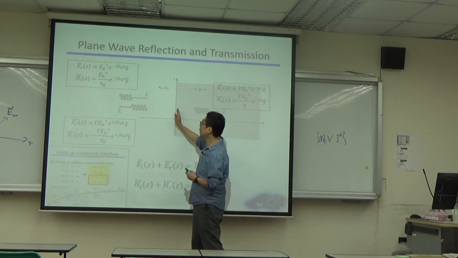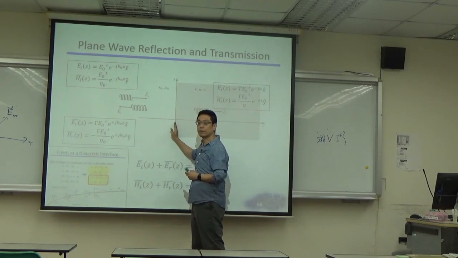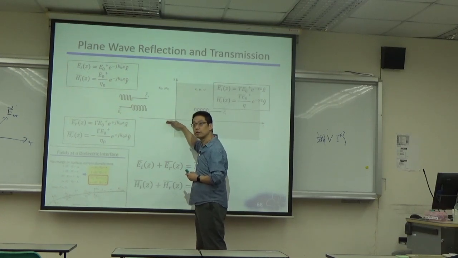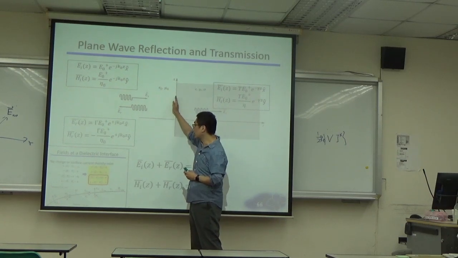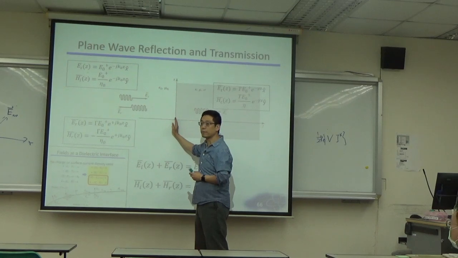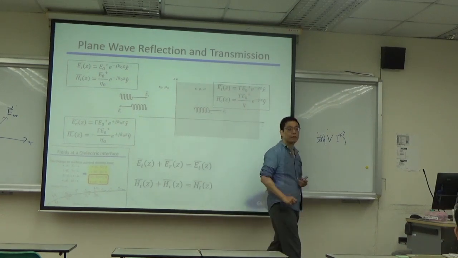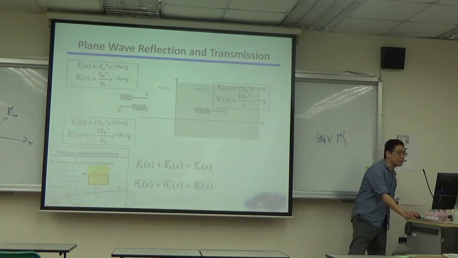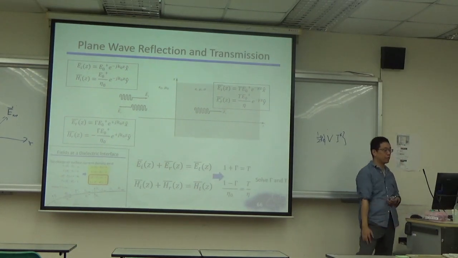On the boundary, the tangential E field is the same, right? And the D is the same for the normal direction. Remember? So in this direction, the E field will be the same. We need to apply a boundary condition because we have a boundary.